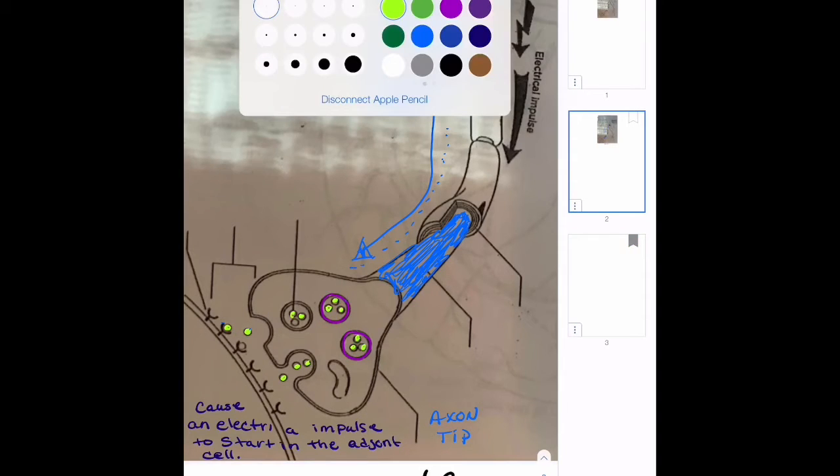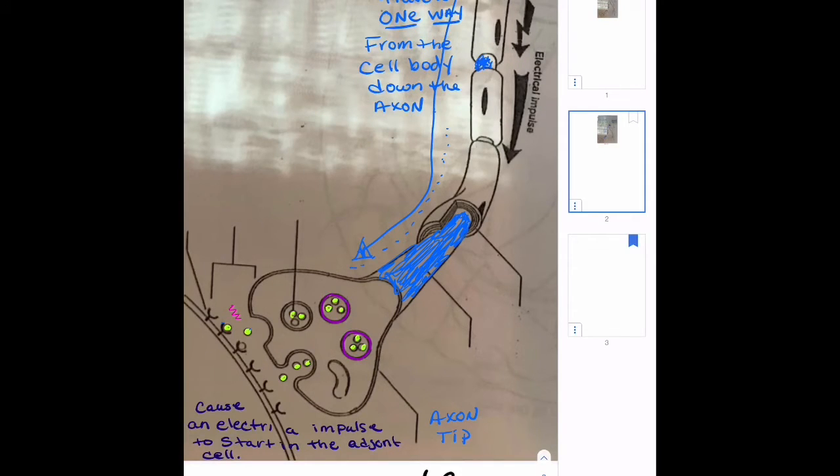Maybe if I color it pink? So you see all of this space? They're not actually touching each other. It's just space. So they've got to move across that space.